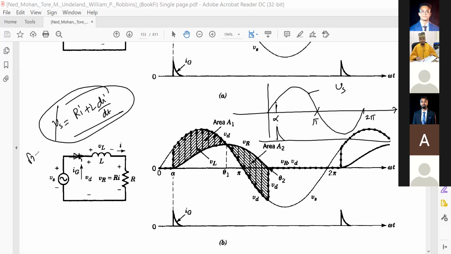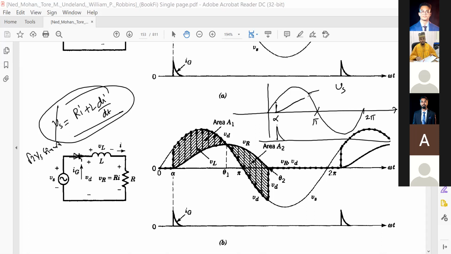This will equal root 2 V sine of omega t, and if you do the differential equation solution, then we will have the expression of i. Okay, forget about the expression. Let us try to understand what will be the wave shape of the current arbitrarily.